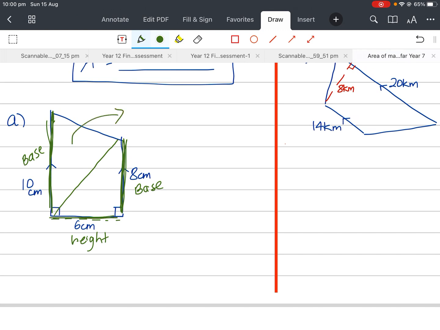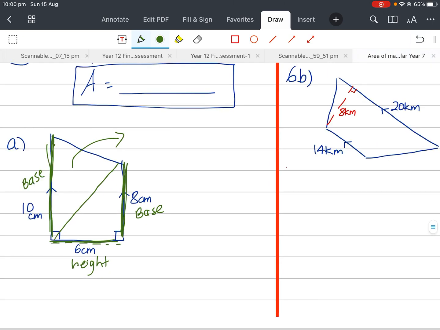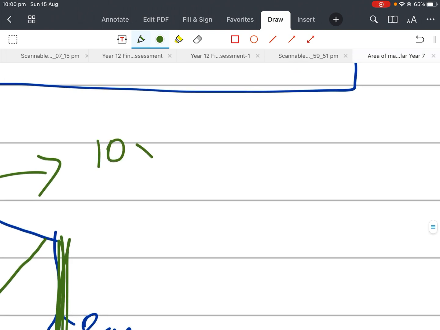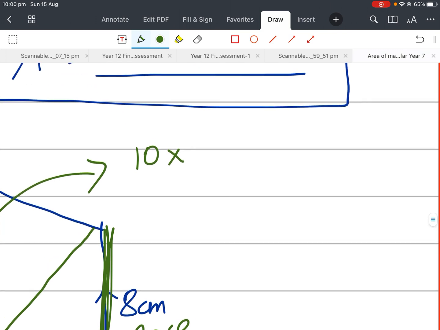So this triangle would be a half. Actually, I'll go back and do the way that she showed us. Hey, it's BH over 2, isn't it? So the base is 10 times the height is 6, and then we put that over 2. Let's do that while we're here. 10 times 6 is 60. 60 divided by 2 is 30.